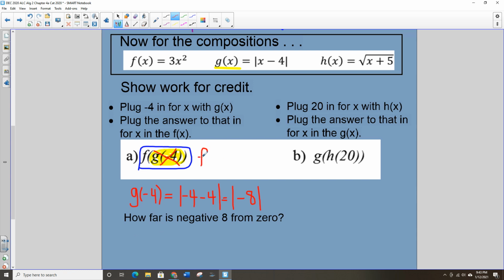So now we got to take phase 2, and we got to see what f of 8 equals. I should write the 8 right there. So now you're going to look at the f of x equation, and that's going to be like your next phase. So I'm going to do that in black instead.